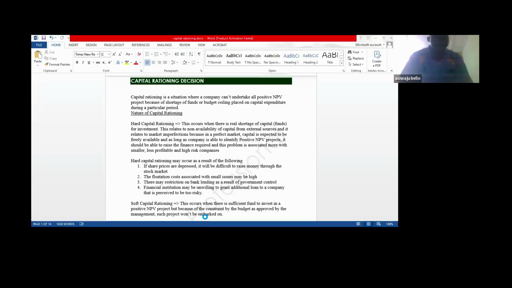Hard capital rationing relates to capital market imperfection.